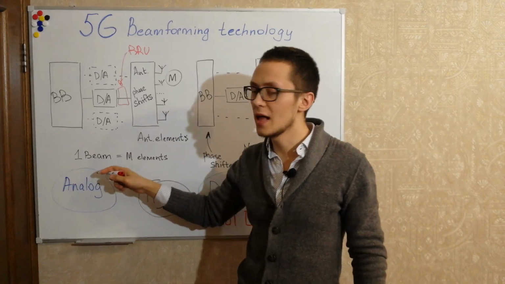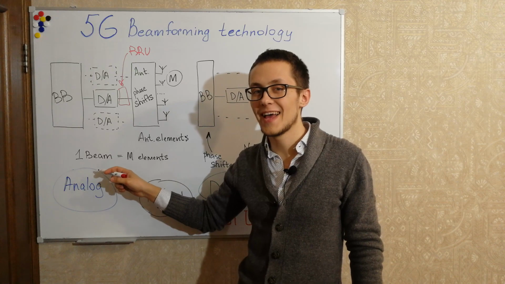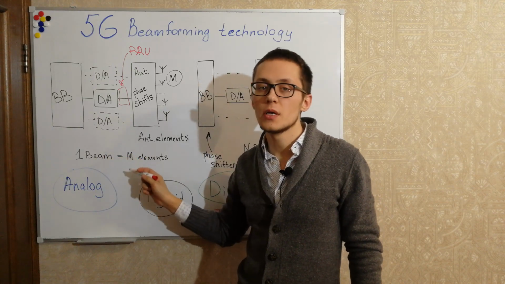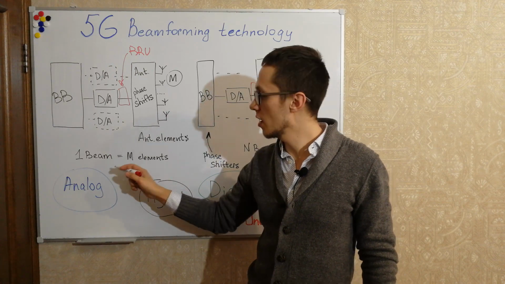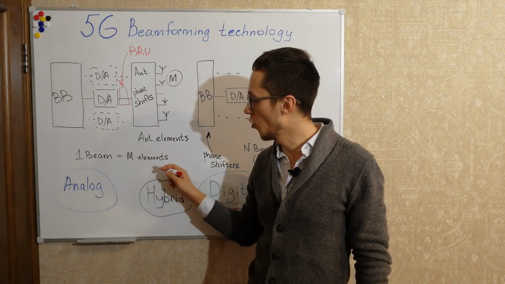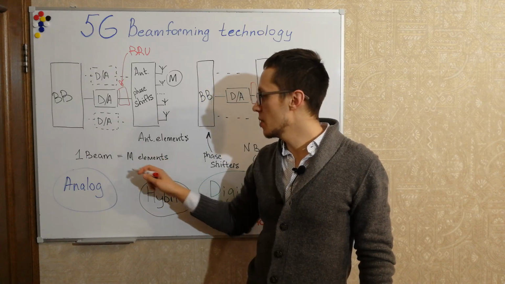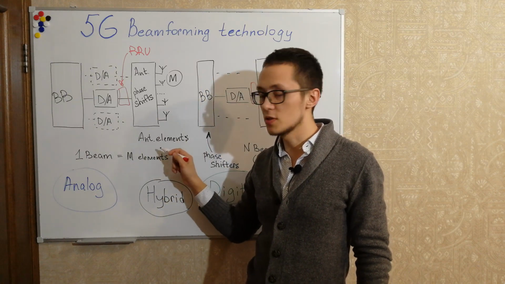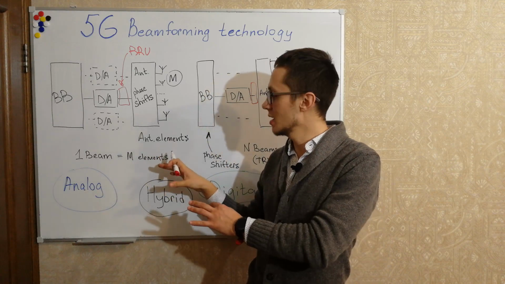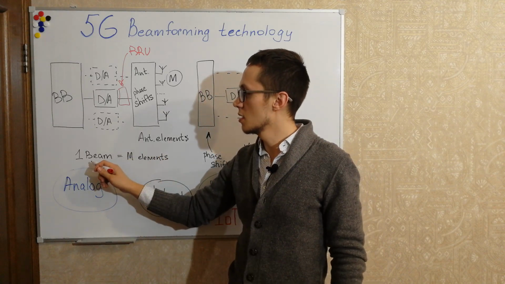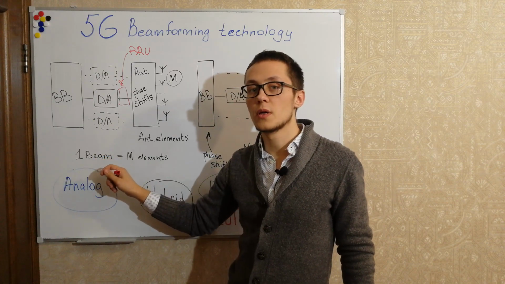So in case of analog beamforming, we can handle and use only one beam, and it doesn't matter how many antenna elements you have, all of these antenna elements participate in handling that one beam.